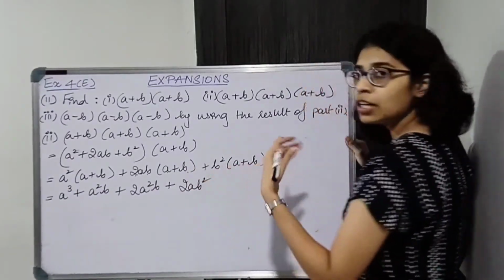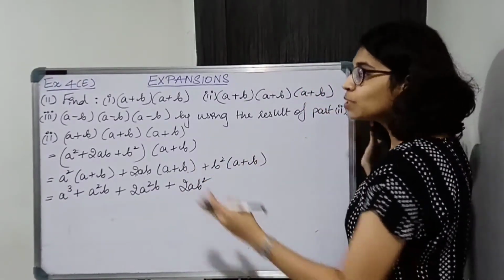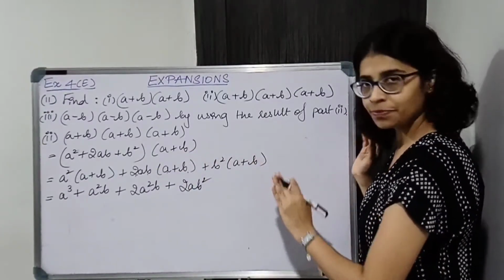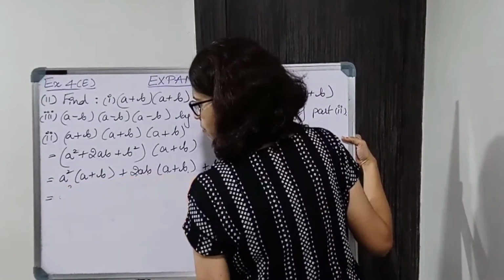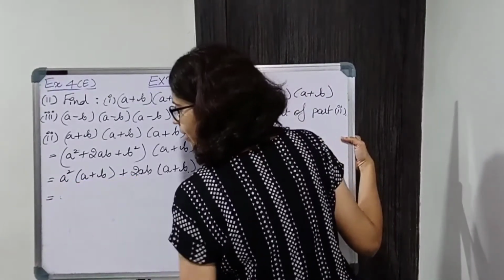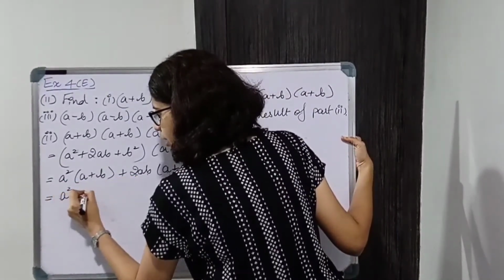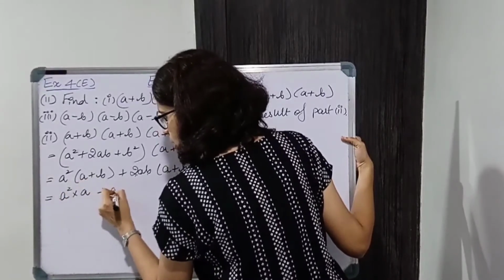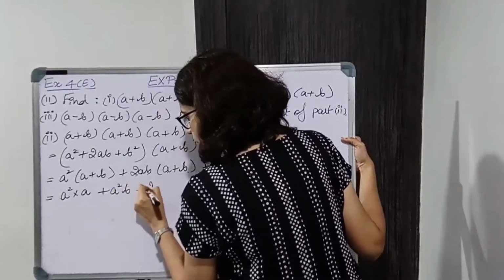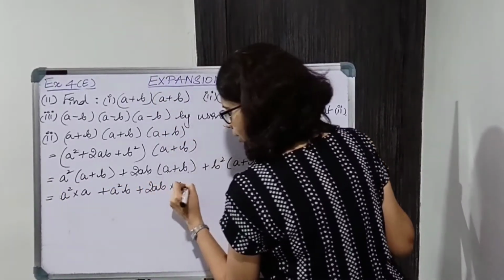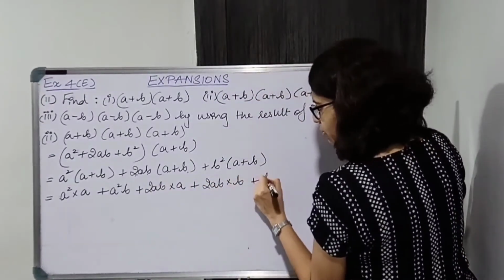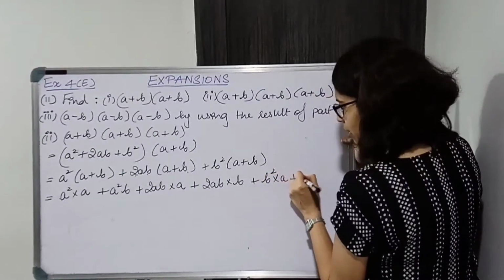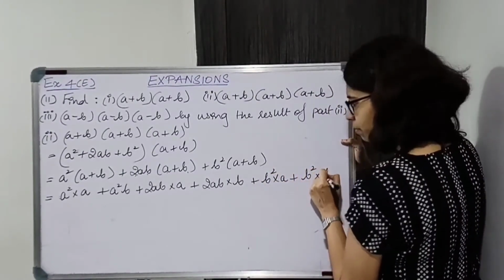Okay, if you are getting confused, what you can do is increase the steps. Don't write it like this, you can write it like this: A square into A plus A square into B plus 2AB into A plus 2AB into B plus B square into A plus B square into B.